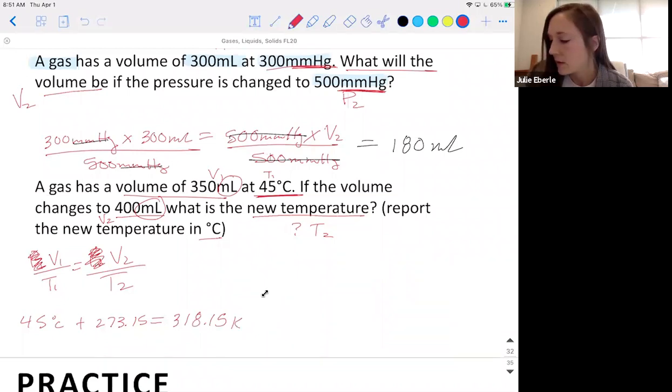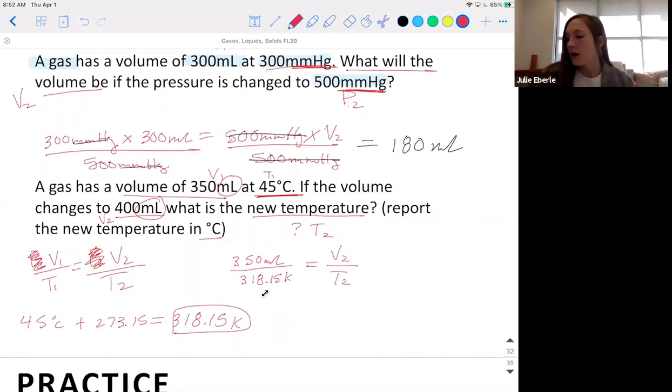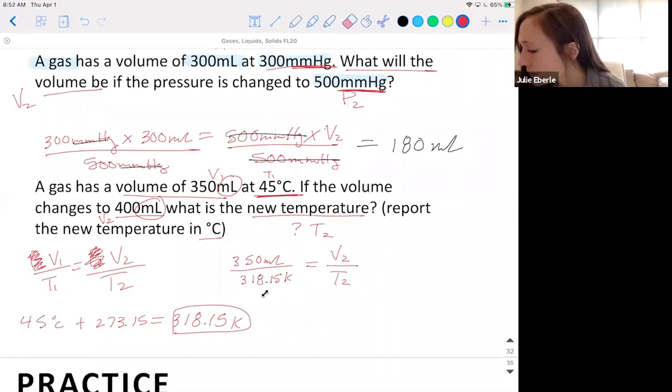So now we're going to plug in 350 milliliters. That's V1 over T1. Okay, so this is my new T1. So it's over 318.15 Kelvin. That equals V2 over T2. Oh, we need to plug in V2. So that was 400 milliliters.